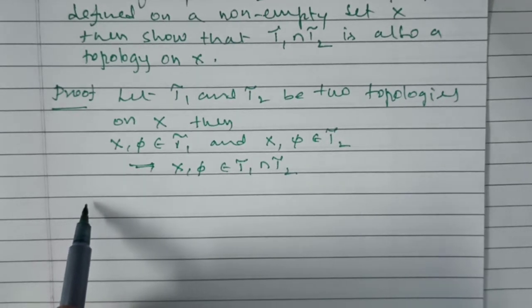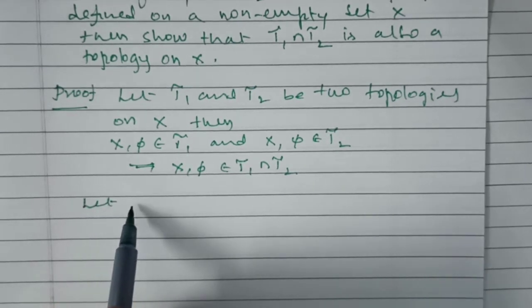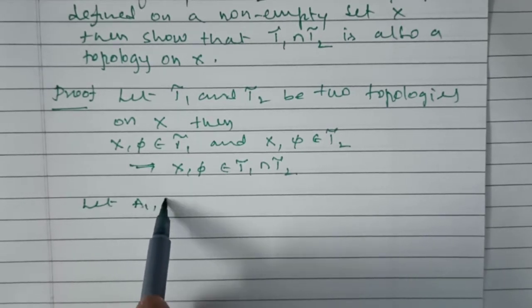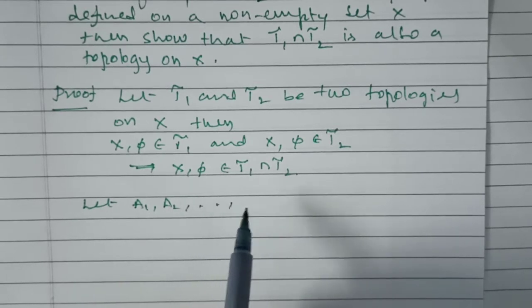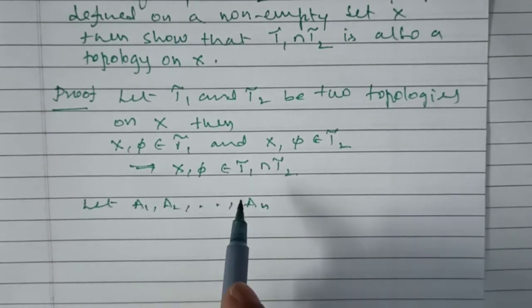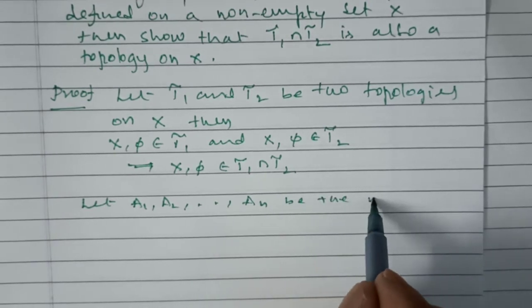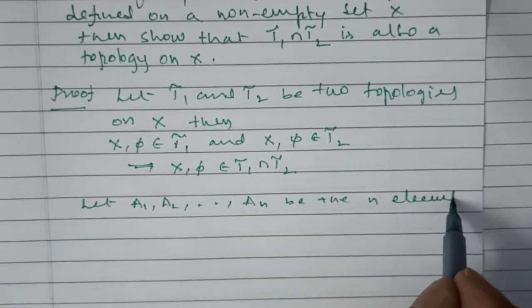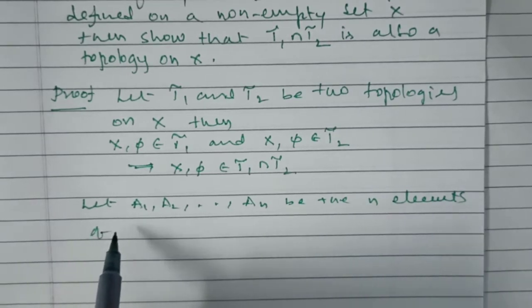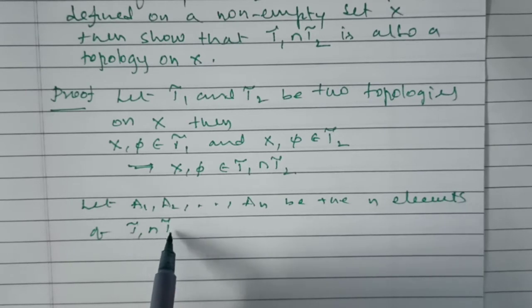So the third condition: let a1, a2, and so on, an be the n elements of τ1 intersection τ2.